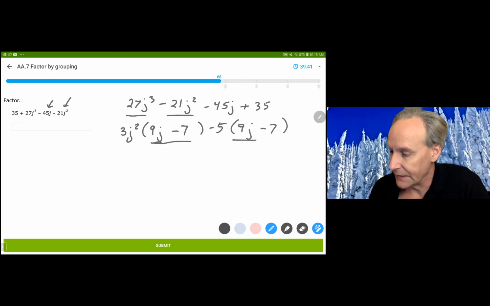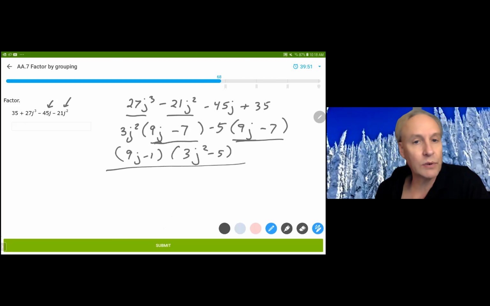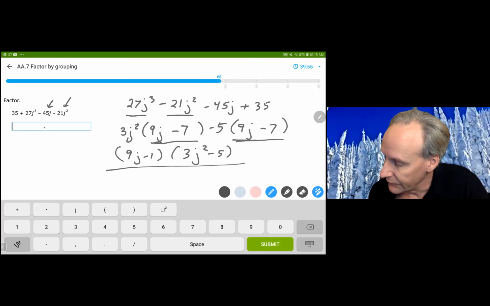Let's take out the 9j minus 7 from both terms. 9j minus 7. And we have a 3j squared minus 5. So yeah, probably best to go ahead and rewrite it in descending order. We've got a 9j minus 7 and a 3j squared, I said, minus 5. Looks good.